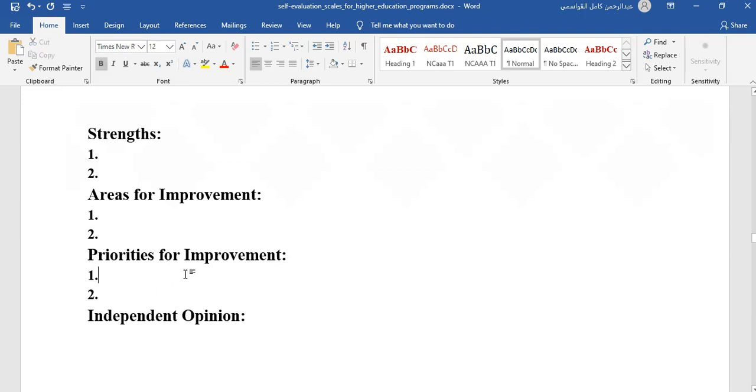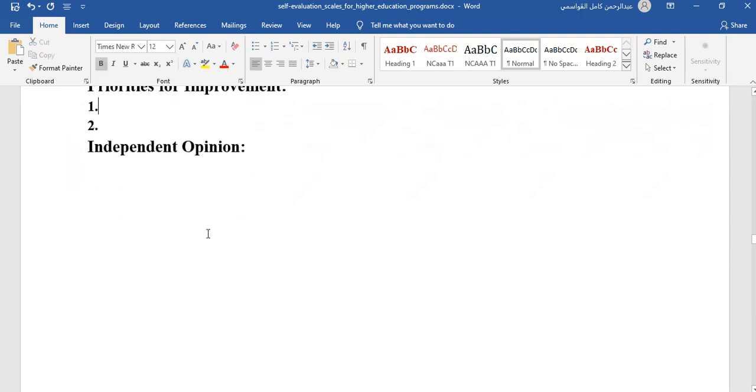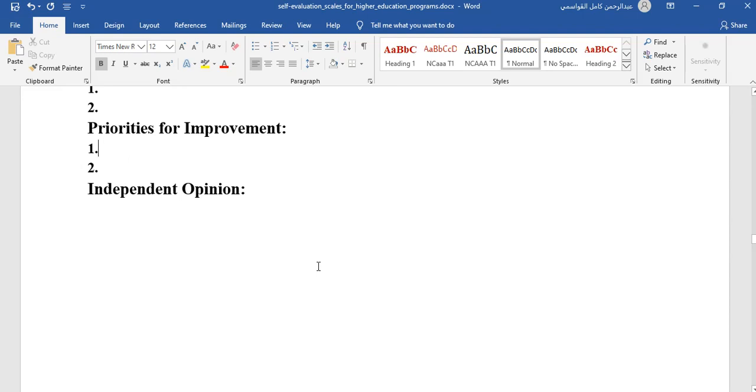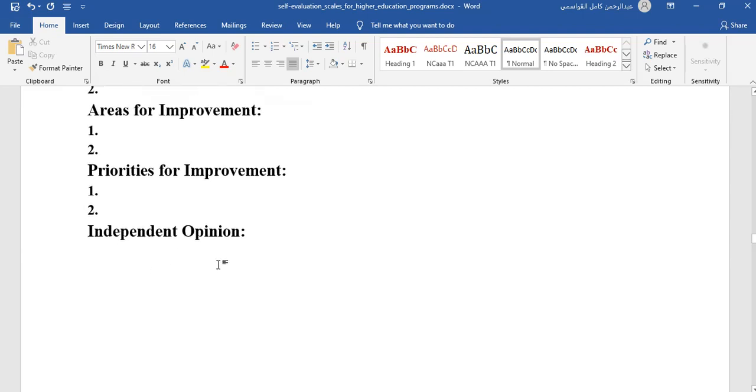You can write them. After filling all the self-evaluation scale, it's better to send it to an external evaluator to write his opinion. Of course, you have to send him the self-evaluation scale and the evidence, and he will read the evidence and write his independent opinion.